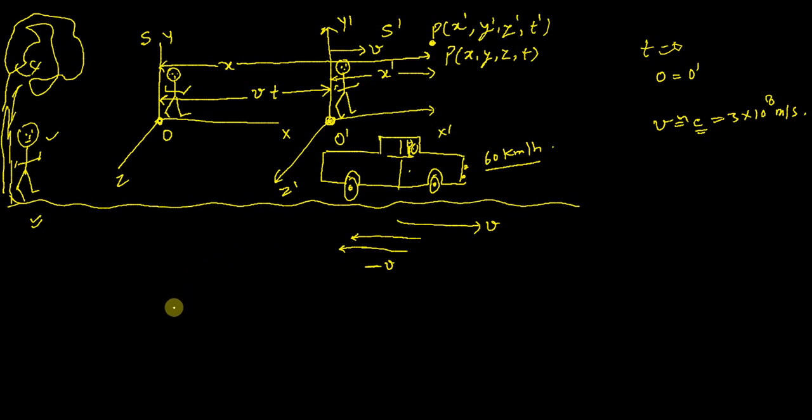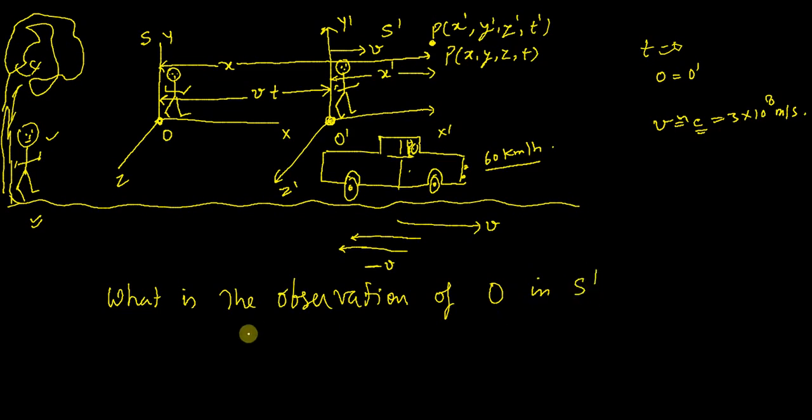But the point here is, we have to develop a relationship between what the observer who is stationary, at rest, observes of an event in the moving frame, right? Our main purpose is what is the observation of O in the S prime frame and the observation of O prime in the S prime frame, right?